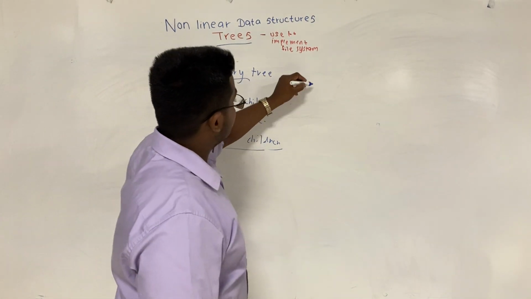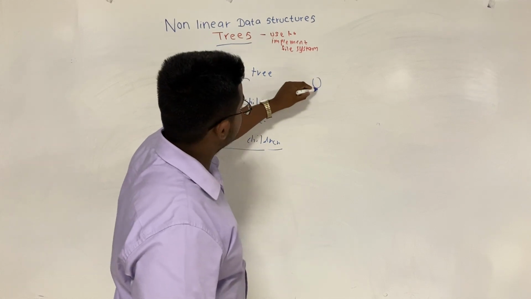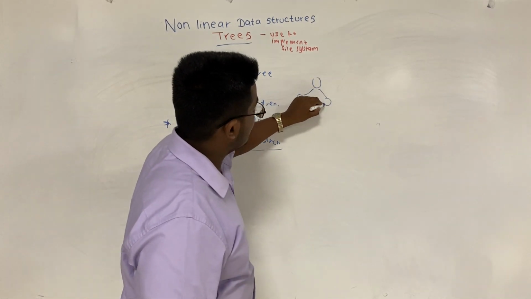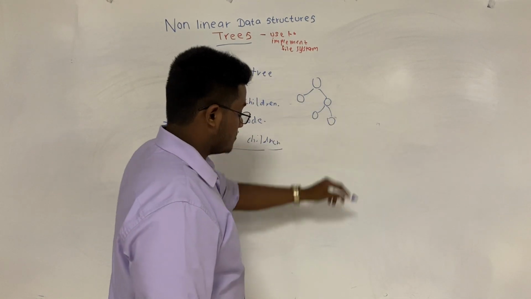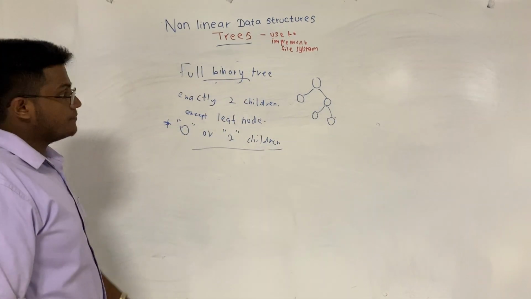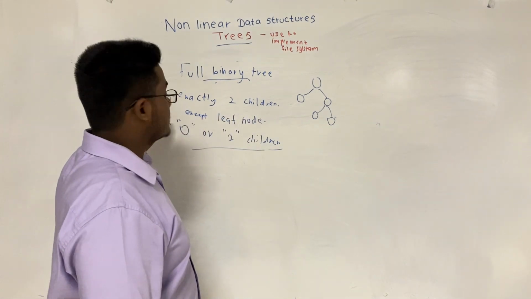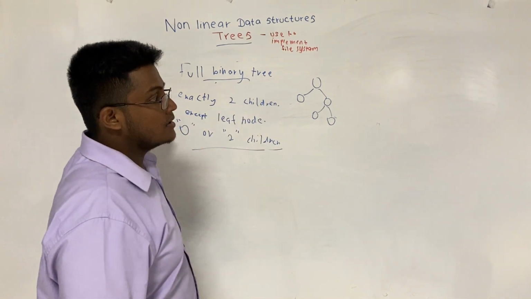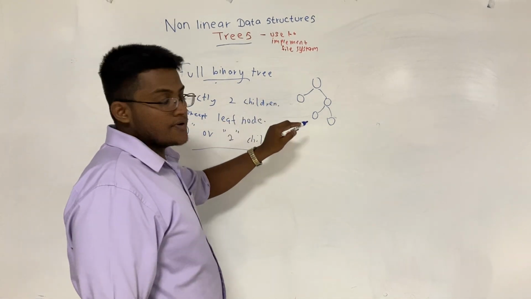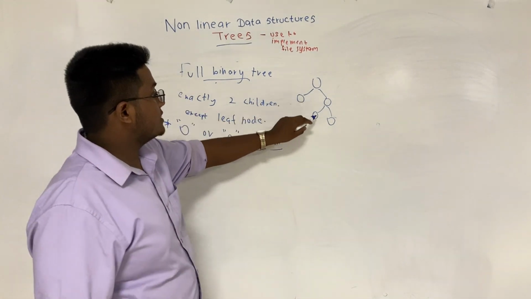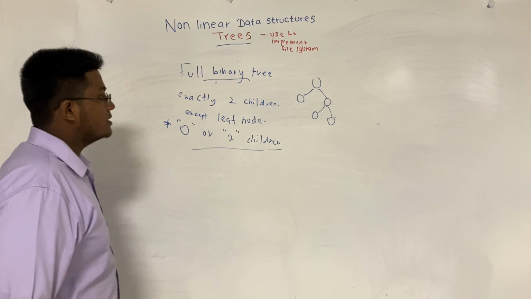And see, I think the condition is satisfied, right? The condition is satisfied. Exactly two children, right?